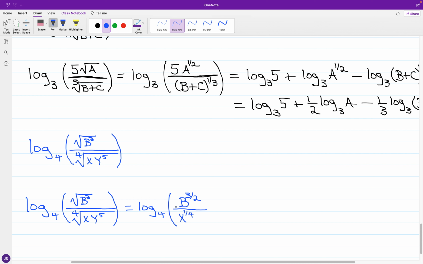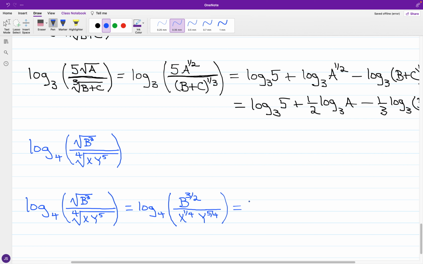For the 4th root of y to the 5th, we have y to the 5/4. Again, you're dividing any inside power by the number representing the index value. So you had the base 4 logarithm of b to the 3/2 all over x to the 1/4 times y to the 5/4.